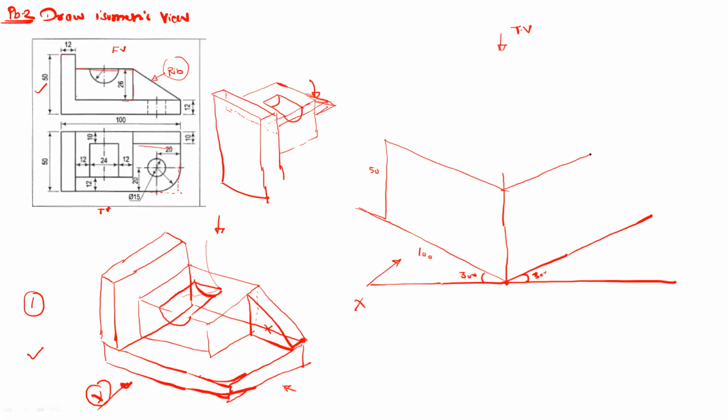Then you can complete this rectangle. Basically this direction will be the direction for the side view, but the side view is not given in the drawing. So this is your reference box.